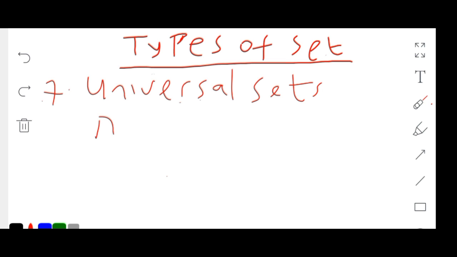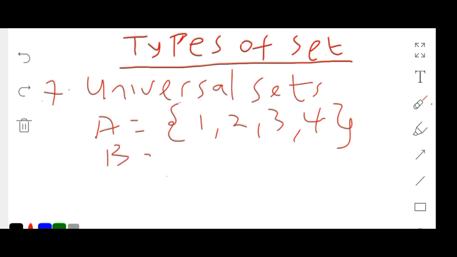Let's say A equals to 1, 2, 3, and 4, and B equals to 4, 5, 6.